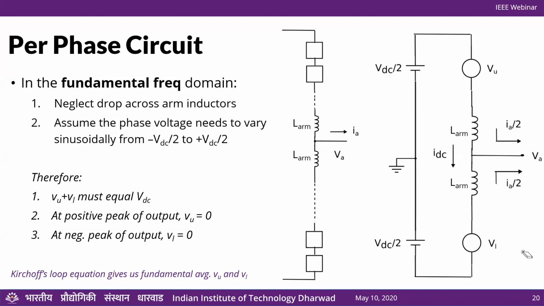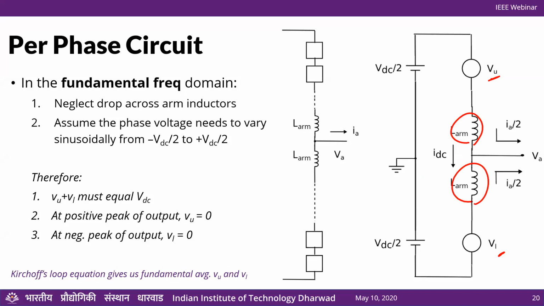So let me get rid of this part. Okay. So first of all, let's make some observations here. First of all, VU and VL must instantaneously equal VDC, right? Because if at any instant the sum of VU and VL is not equal to VDC, then just looking at this loop and putting Kirchhoff's voltage law, we'll see that a voltage will appear across these 2 inductors.